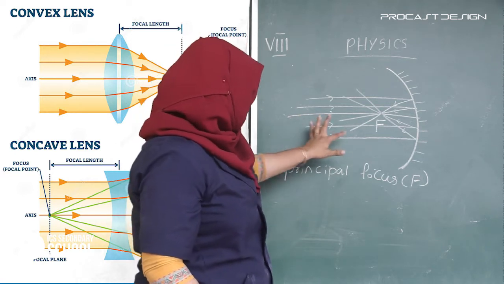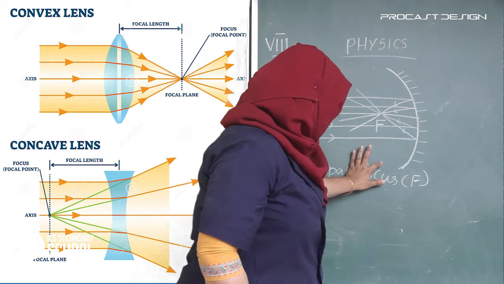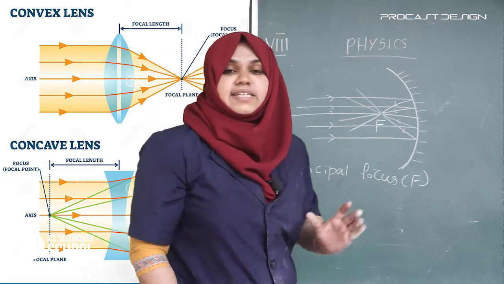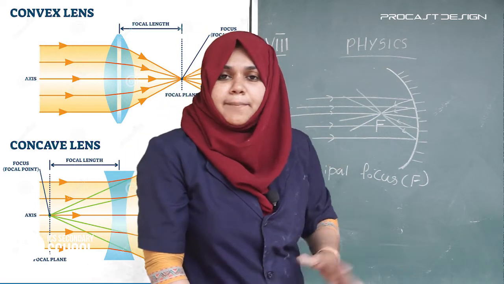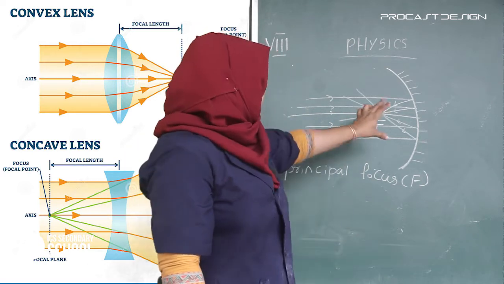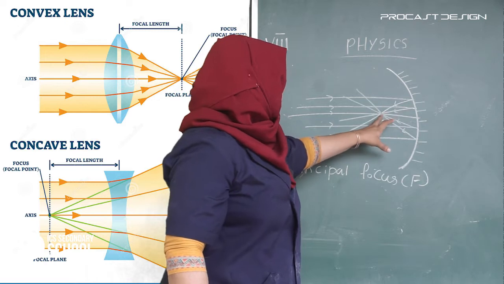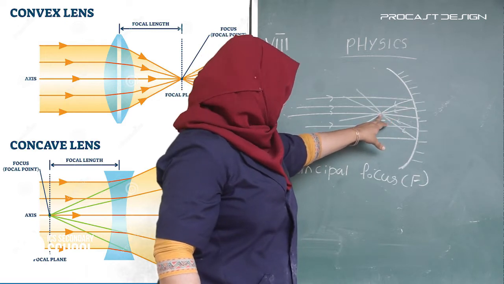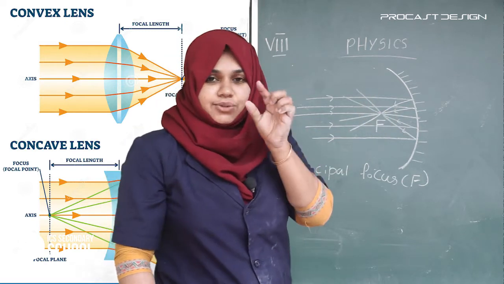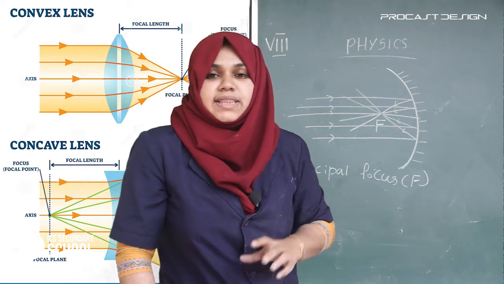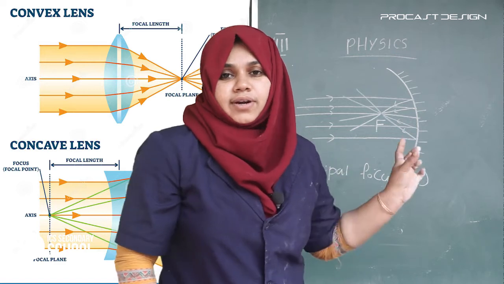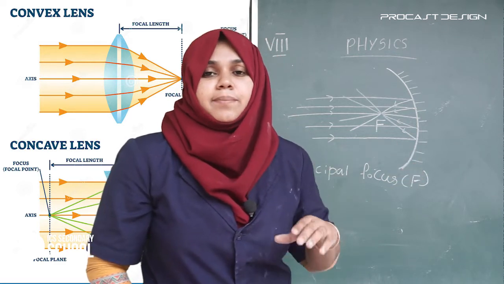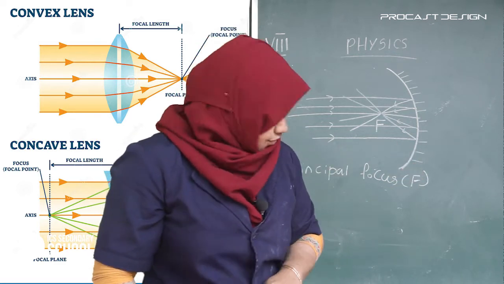So, what is the principal focus of the concave mirror? Rays of light incident on a concave mirror parallelly, then the reflected rays converge into a fixed point. This point is known as the principal focus of the concave mirror, indicated by capital letter F.